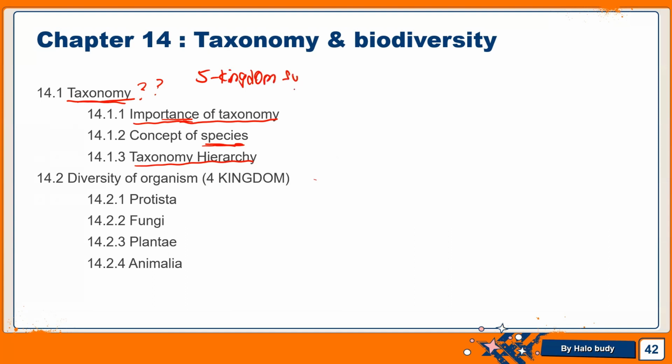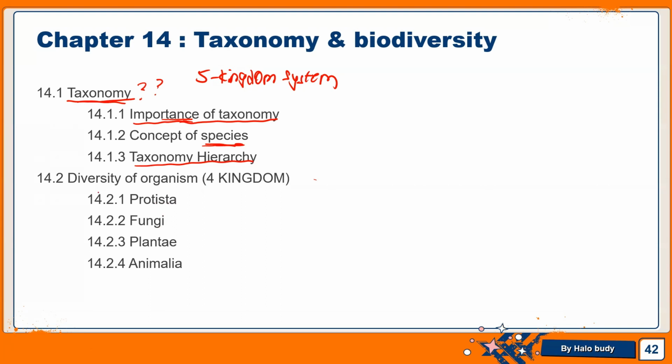But why did I just say 4 kingdoms? Because the other kingdom is bacteria. Bacteria you already learned in semester 1, so for this semester you don't need to learn it. In this syllabus you only learn the 4 kingdom system. What are these 4? Protista, fungi, plantae, and animalia.